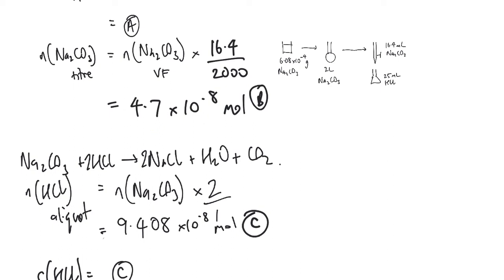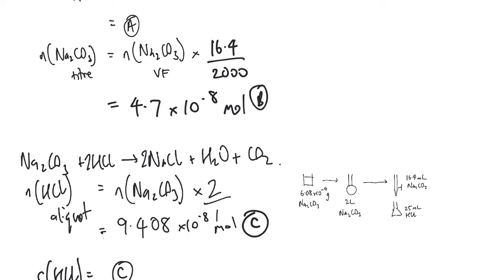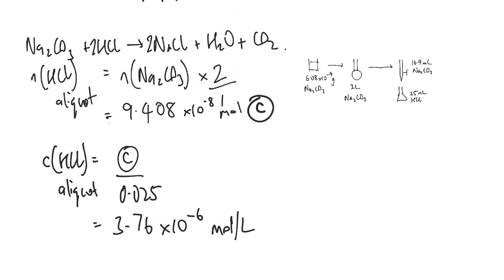Now that I have the number of moles of Na2CO3, I should work out the chemical equation for it. Once I've got the chemical equation, I can start working out the number of moles of HCl, because that's still our unknown. The aliquot of HCl is going to be 2 to 1 moles of the Na2CO3, so I've got a 1:2 ratio here.